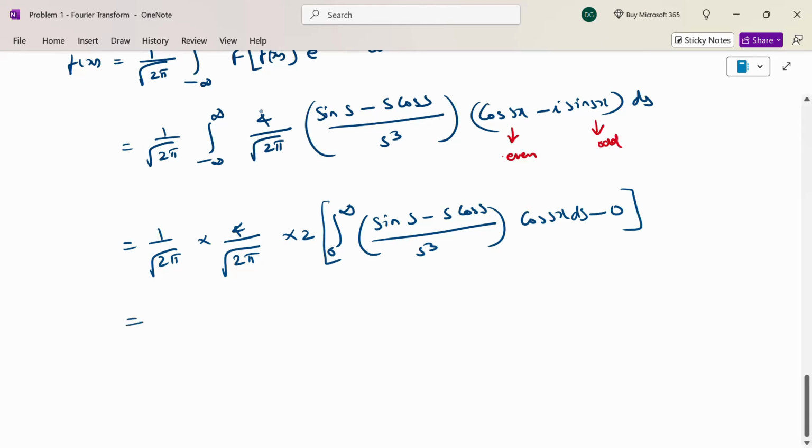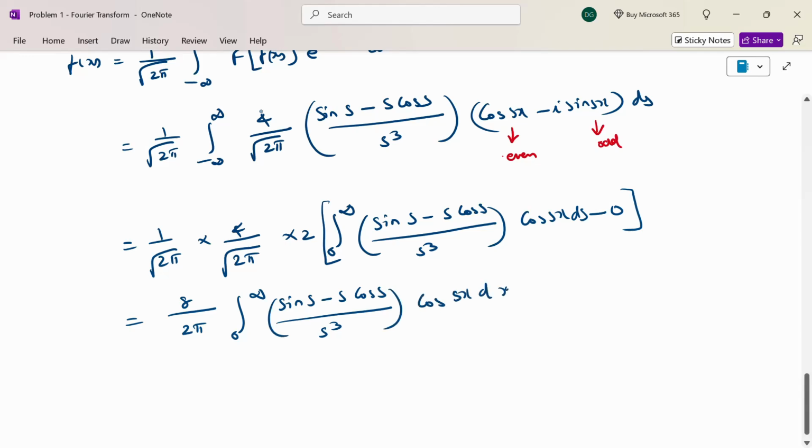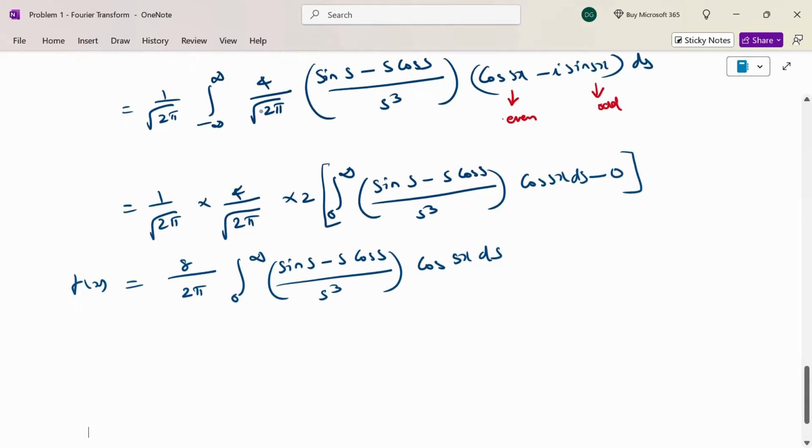Now to cancel this, 4 into 2 and the root 2 pi is 2 pi, so 8 divided by 2 pi, integral from 0 to infinity of sin s minus s cos s by s cube into cos sx ds. Now, what is the condition? To prove, hence prove the condition.